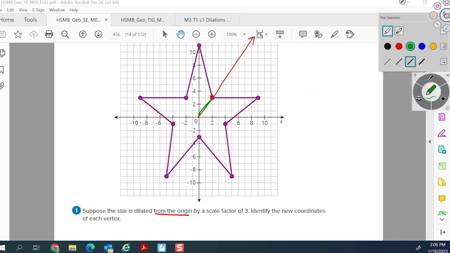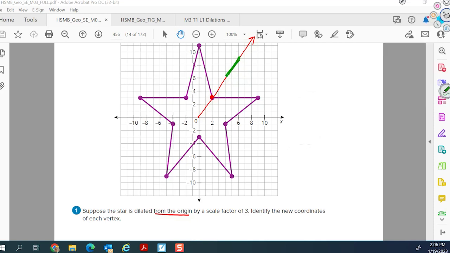Measure this length, and I go that length 3 times, and I have this point right here. That's kind of how we do it. If it wasn't on the coordinate plane, we would just measure that. This point we get right here is the point 6, 9, and this point is the point 2, 3.